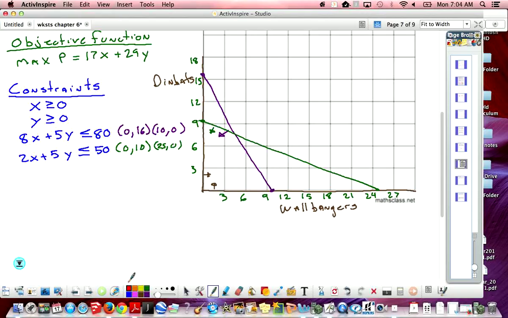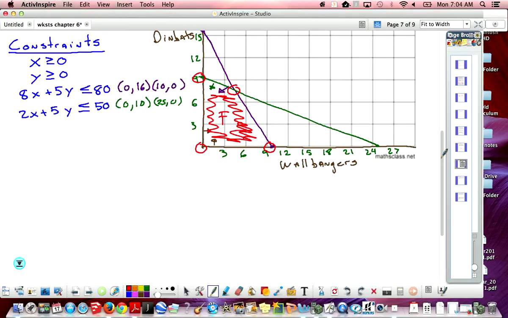So my feasible region is this area right in here. So I have 1, 2, 3, 4 corner points. So now I need to find those corner points.